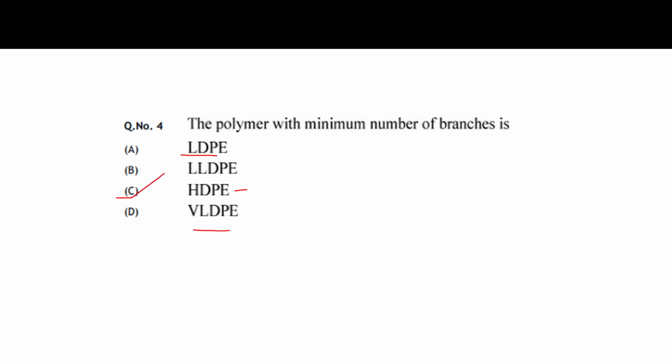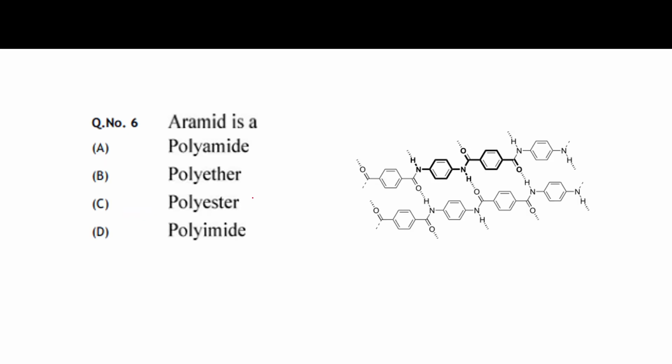So the right answer will be HDPE, and its crystallinity will be very high compared to the others, because of the lower branching the chains can be easily packed, so it has higher crystallinity and higher melting point.